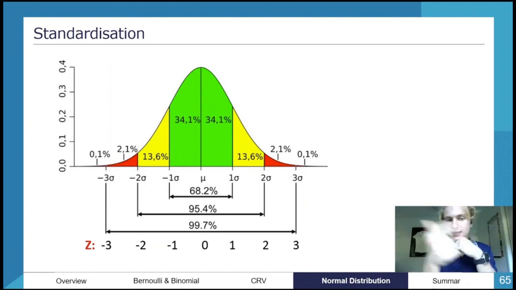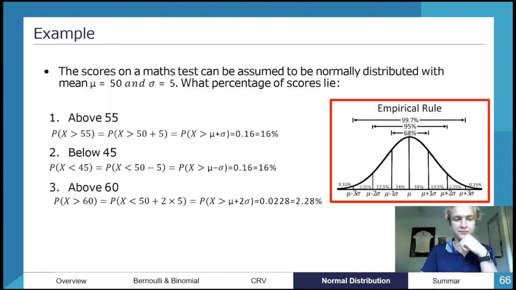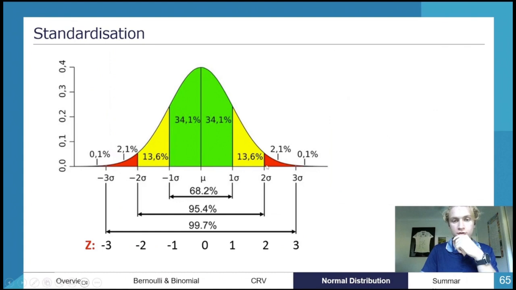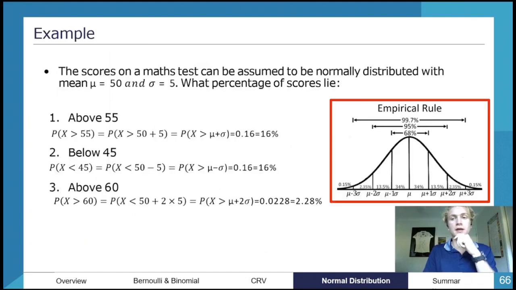So Z equals -3, three standard deviations that way from the mean. Alternatively, two here, Z equals 2, two standard deviations that way. And then we have our probability. Area under this would all be 1. And this is called standardization as per the 68, 95, 99.7% rule. Example.